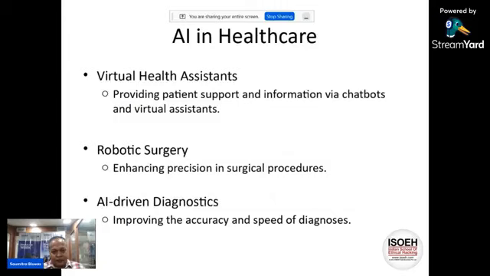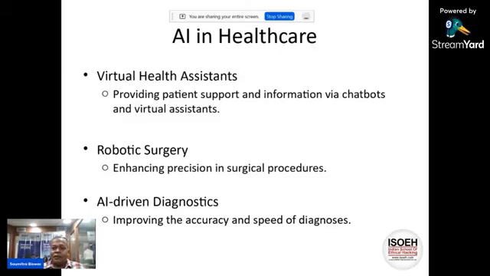Virtual health assistant typically means that we are going to have someone who is not human. Everyone knows about ChatGPT, I guess, a kind of chatbot, and those chatbots are going to solve our problems without consulting any doctor, mind you.